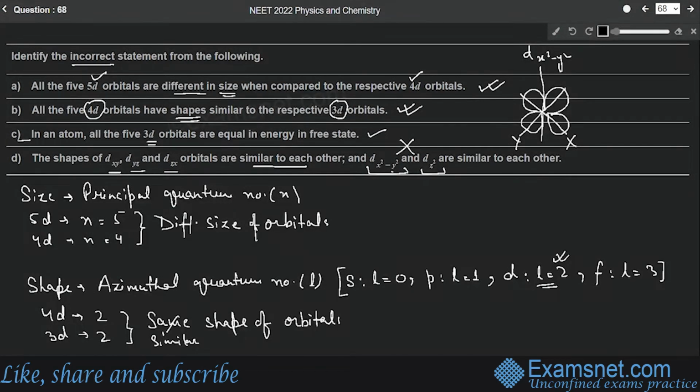Now for dz square, again we'll draw the x-axis and y-axis first. So the shape will be something like this. As you can see, the shapes are different for dx square minus y square and dz square. So the last statement is incorrect. That means out of the given options, option D is incorrect.